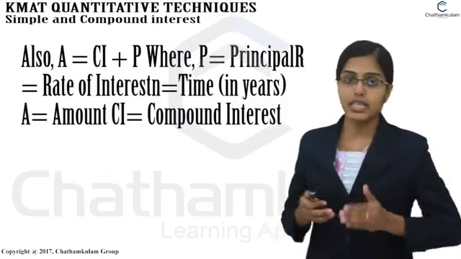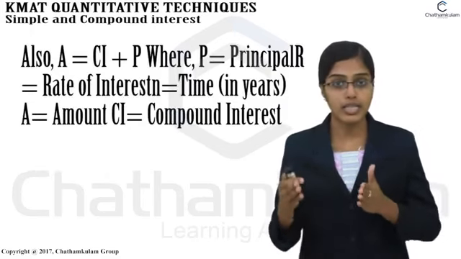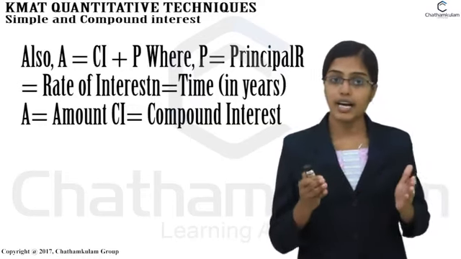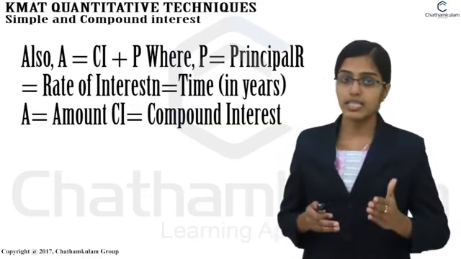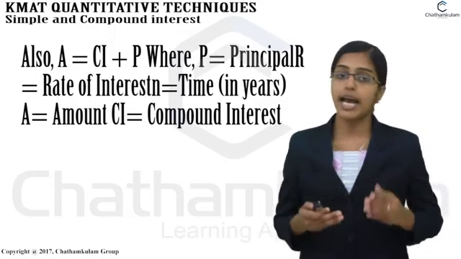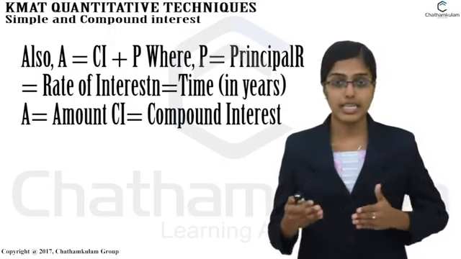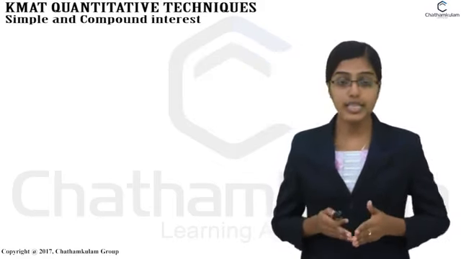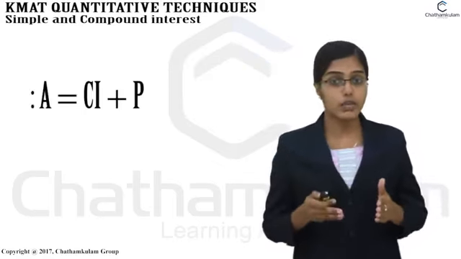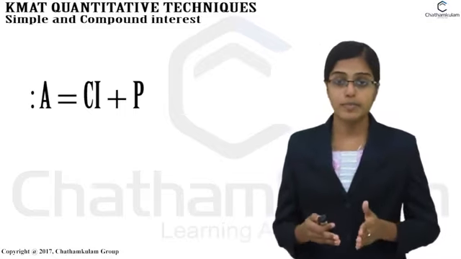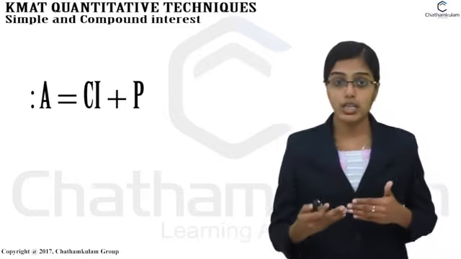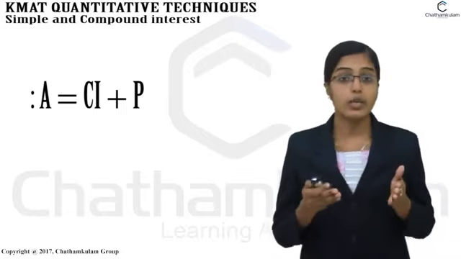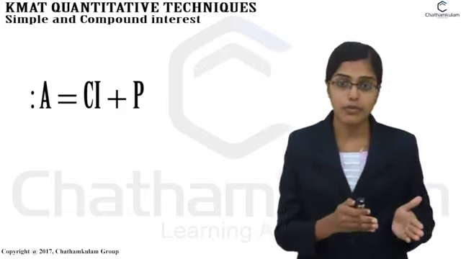Also, A is equal to compound interest plus P, where P is the principal, R is the rate of interest, n is the time in years, and A is the amount, CI is the compound interest. Note that the formula A is equal to compound interest plus P will give us the total amount. To get the compound interest only, we need to subtract the principal from the amount.